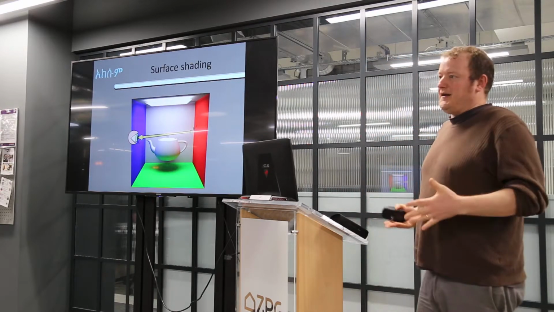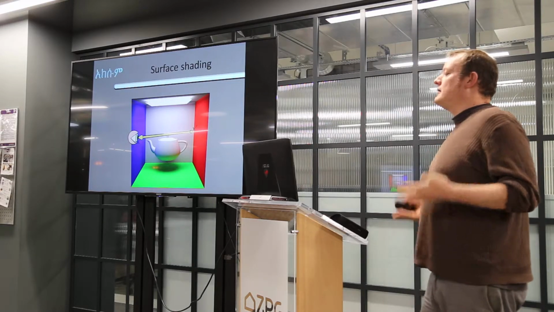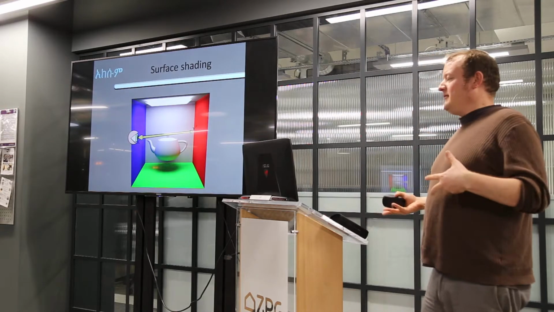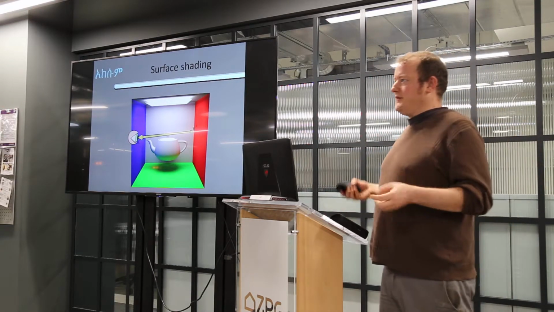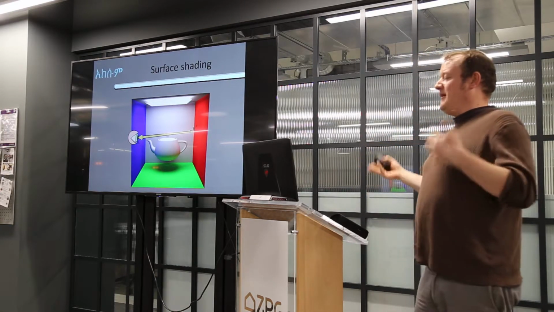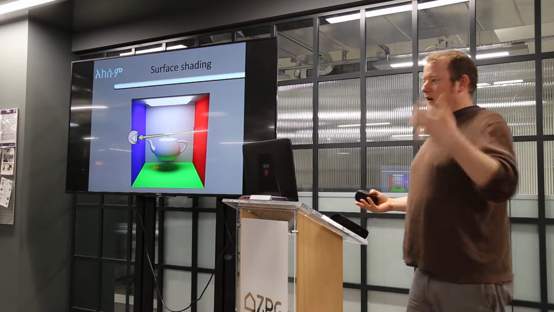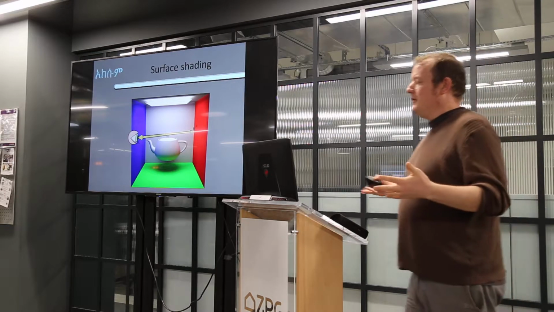So to step back a bit, what is shading? In the context of this paper, shading is surface shading. To explain what that means, a bit of 3D graphics theory. Basically, 3D graphics is about solving the rendering equation. I have some point in my scene, x prime, and I want to know how much light arrives at my eye at point x from my point x prime.